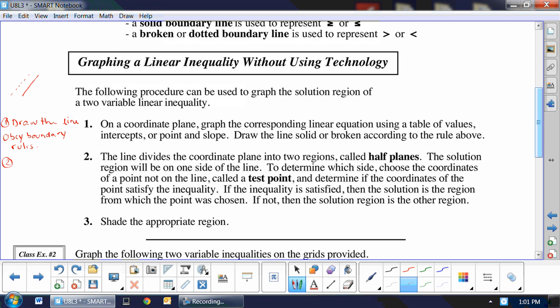The second step is to find a test point. You want to choose one that's not on the line. Okay, so once you find it, you can test it.